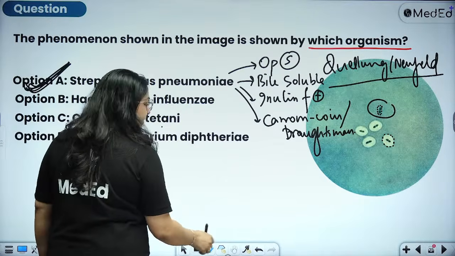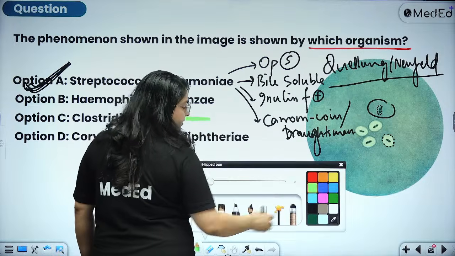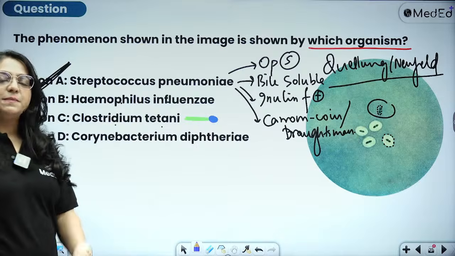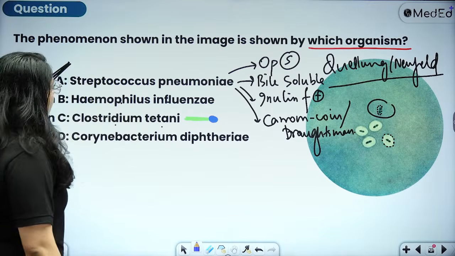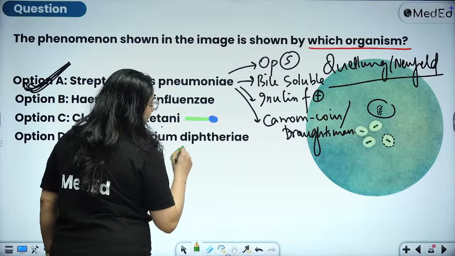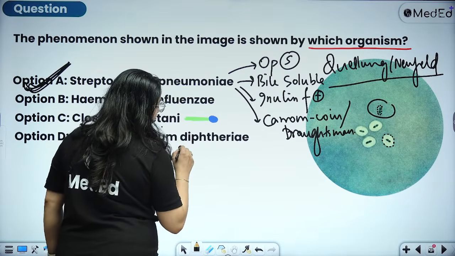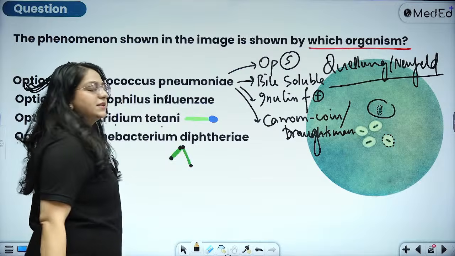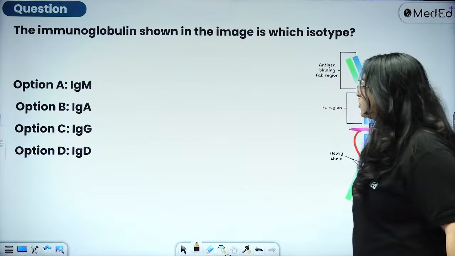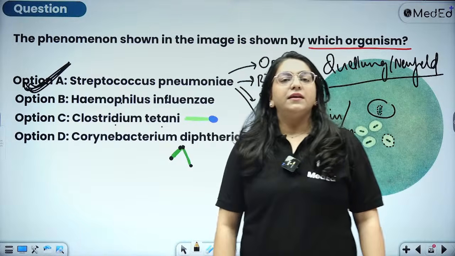Clostridium tetani, drumstick appearance, the terminal round spores. Corynebacterium diphtheriae, Chinese letter, uniform pattern with the metachromatic granules. This is Corynebacterium diphtheriae. Let's go.